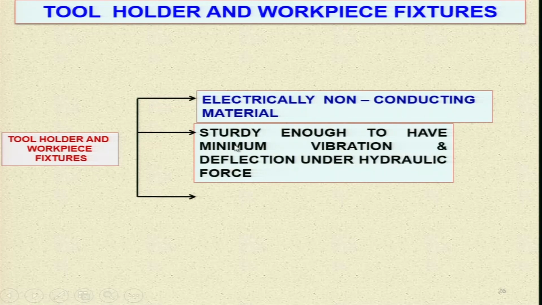Tool holder and workpiece fixtures should be of electrically non-conducting material, sturdy enough to have minimum vibration and deflection under hydraulic force. As I have mentioned, in ECM you have large hydraulic force, but in ECMM you have very small hydraulic forces, so that you can check in the case of ECMM.